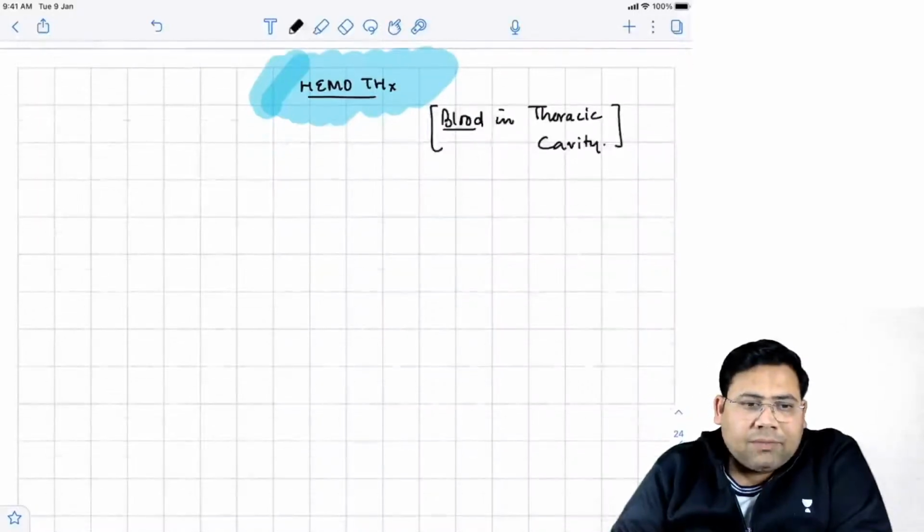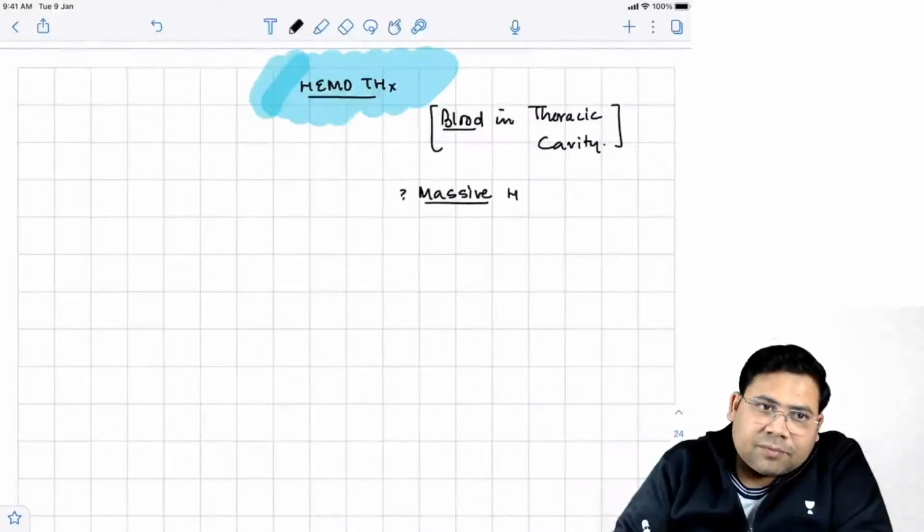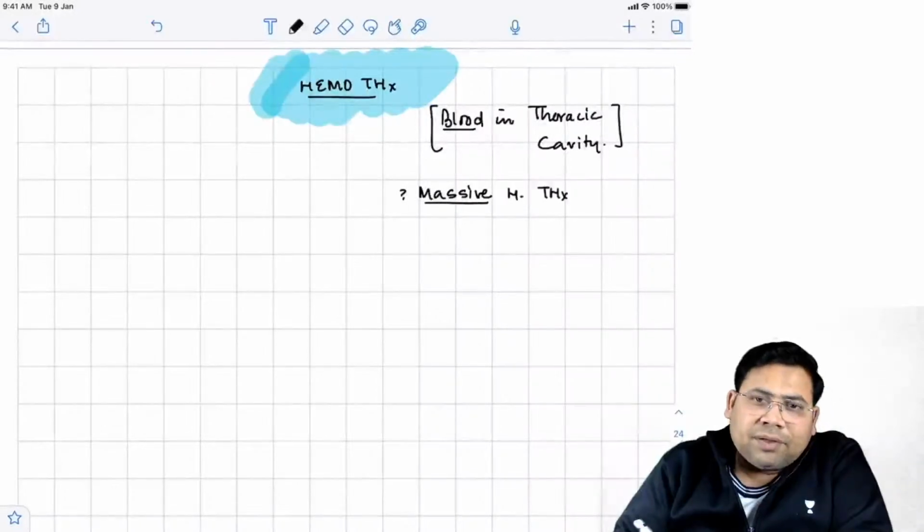Simple. What is massive hemothorax then? This is very important. Very simple.